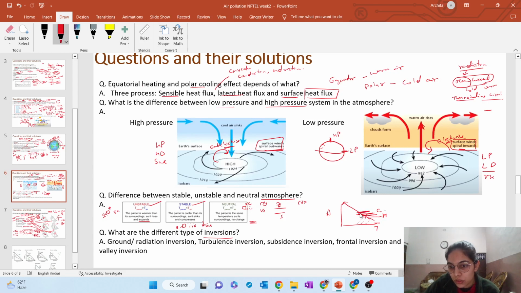So it becomes like this cold-hot sort of thing. And again it's a condition of stability or extreme stability, and the air parcel will not move.